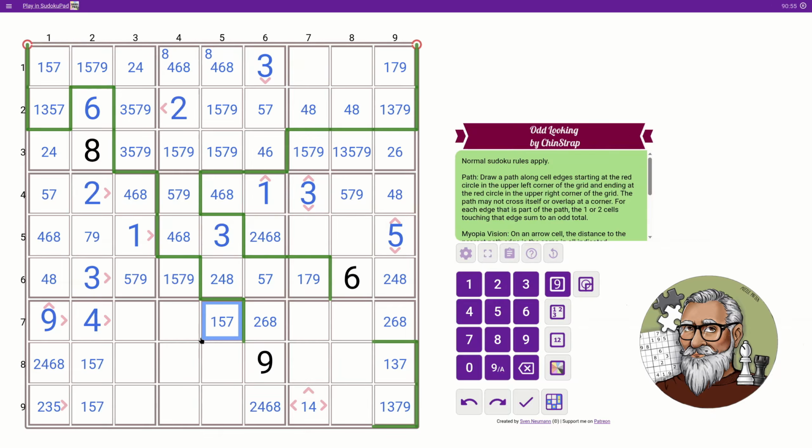Maybe my pencil marks aren't correct in some places as well. 1, 2, 3, 4. No, that didn't help. That one isn't 4.